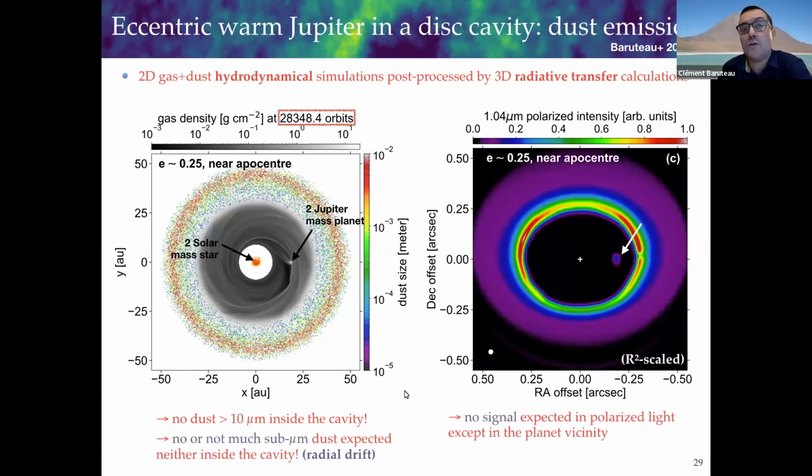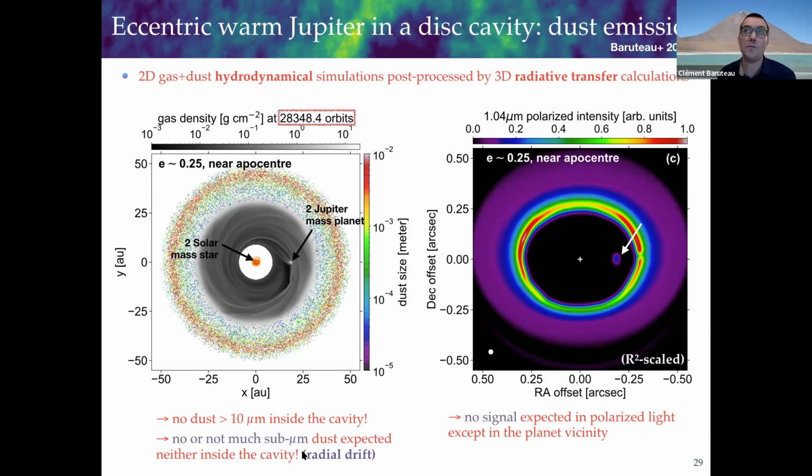And the same is true for the very small dust particles, which are pretty well coupled to the gas overall, but for which, inside the cavity, the level of the gas density is sufficiently low for the small dust particles, below a few microns, to still undergo a substantial radial drift due to gas drag, because those small dust particles do have a Stokes number which is not marginal, due to the low density of the gas.